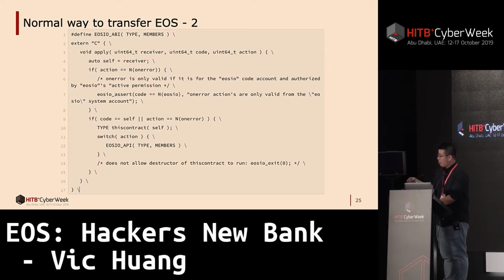And actually, if you want to be a developer, you should customize your apply function so you can deal with more and more different transactions or different requests.